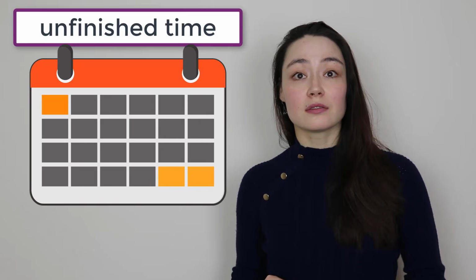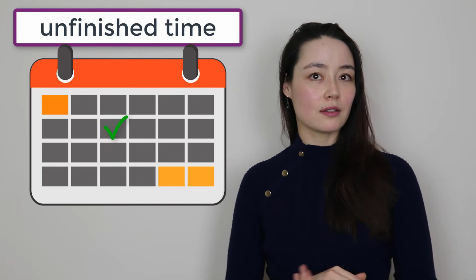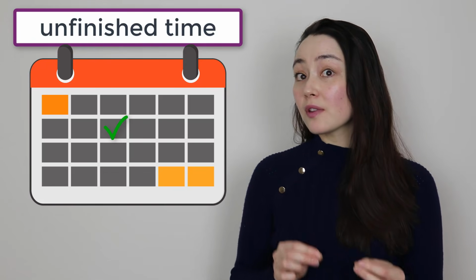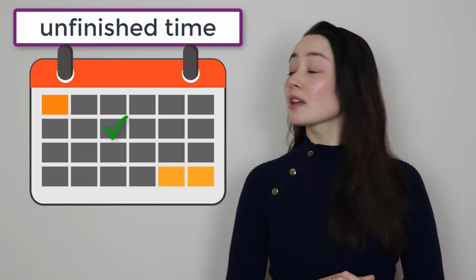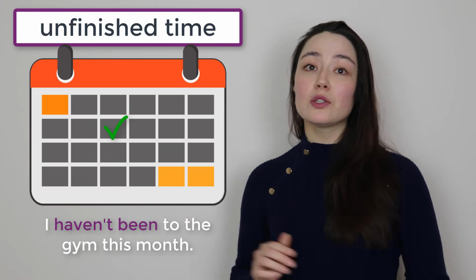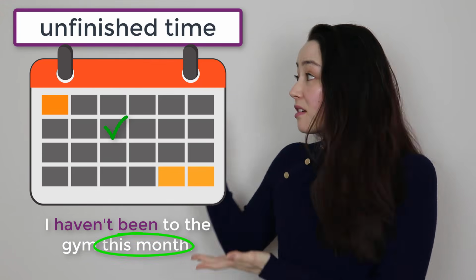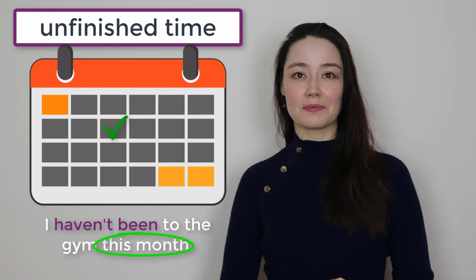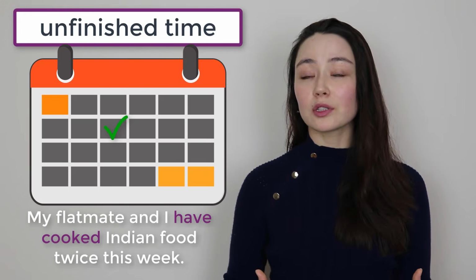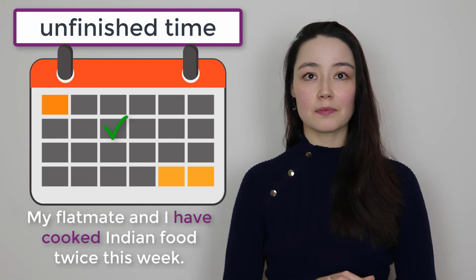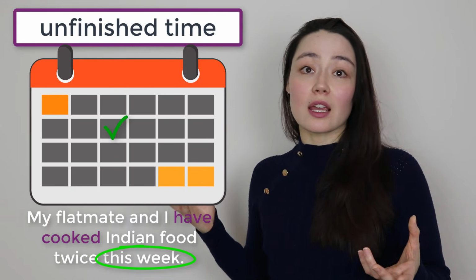I have a calendar. Today it's the 8th. Is the month finished? It's not finished. I haven't been to the gym this month. This month is correct. The month isn't over. My flatmate and I have cooked Indian food twice this week. This week isn't over. It's only Wednesday.